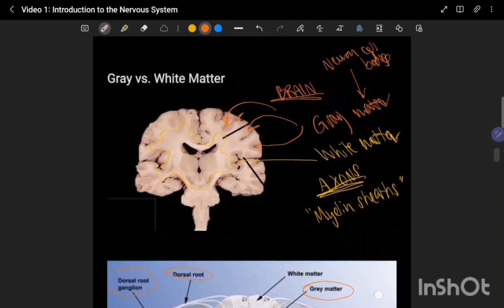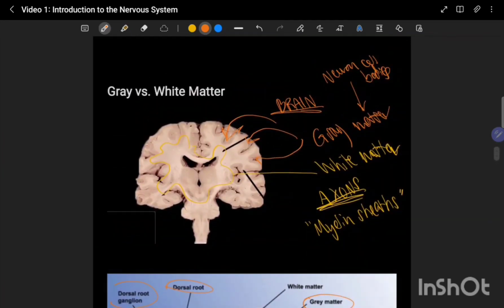Now there's a couple other terms for talking about the brain versus the spinal cord. So in the brain, we call these groups of axons, these groups of white matter, tracts. T-R-A-C-T for tract.